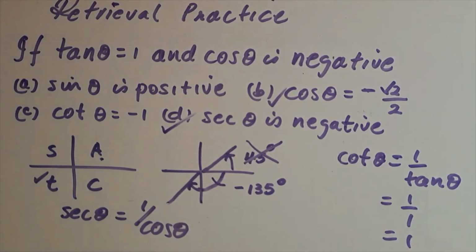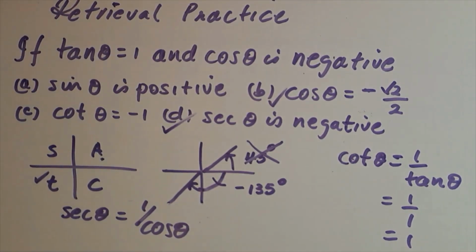So let's just recap. We're given that tan theta is equal to 1 and cosine theta is negative. It cannot be in the first quadrant because all the ratios are positive in the first quadrant. The only other quadrant where tan is positive and another ratio is negative is the third quadrant. That gives us the value of minus 135 degrees, and that allows us to work out what cosine theta is.